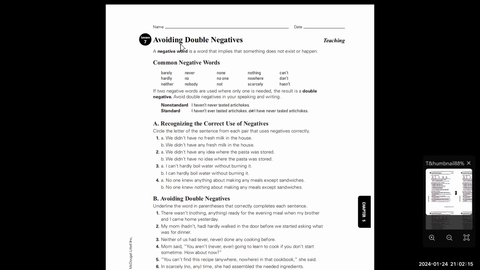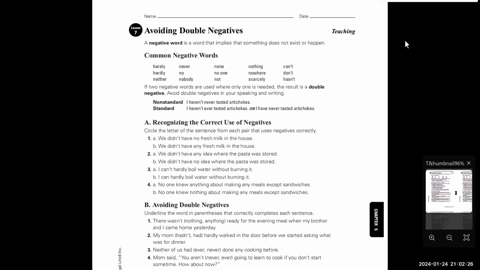I want you to read the definition of a negative word. Can you see it, or is it too small? Please read. A negative word is a word that implies that something does not exist or happen. And the common negative words used in a sentence are, please read again.